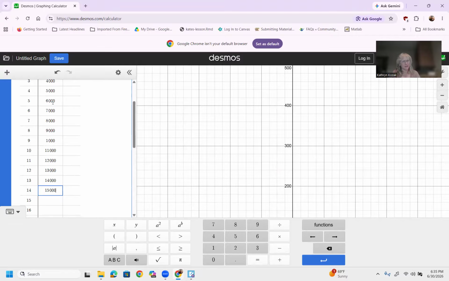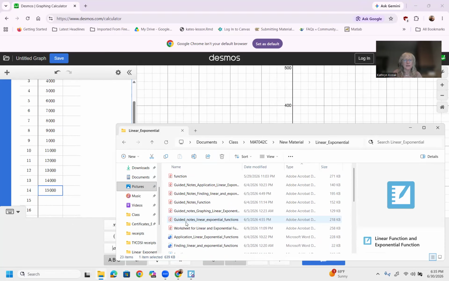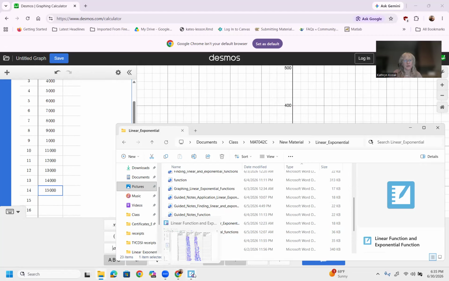Now, I'm going to cheat a little bit because this is going to get a little boring. So I actually have these up for me. I'm going to open this file so that I don't have to type all these in, but you would have to type all these in.